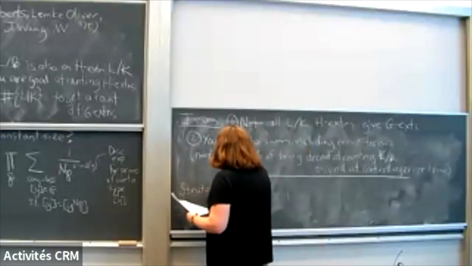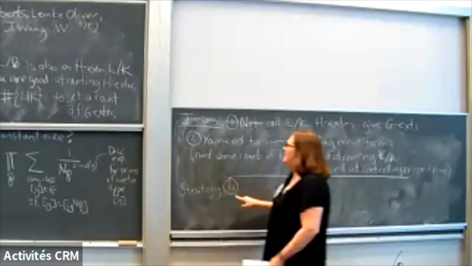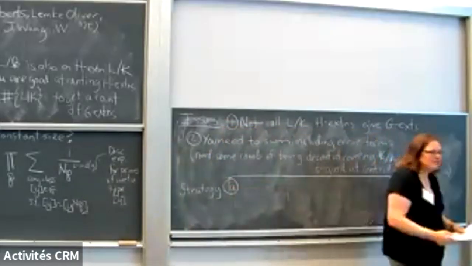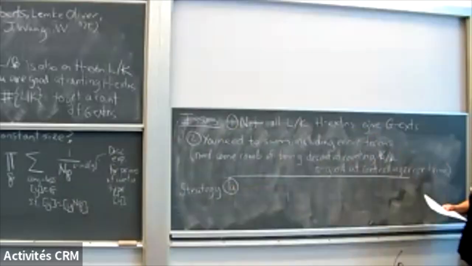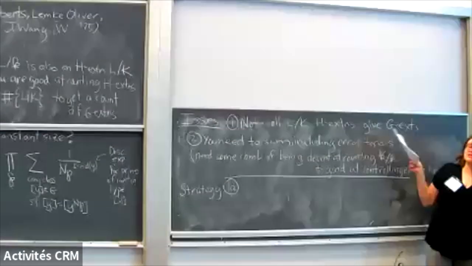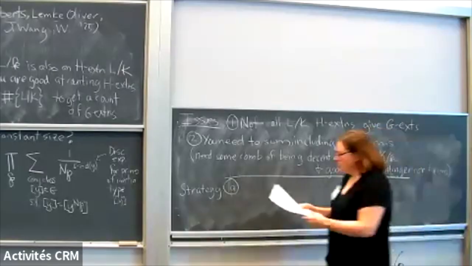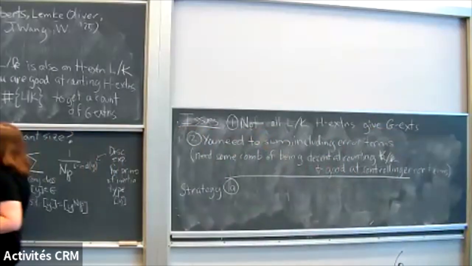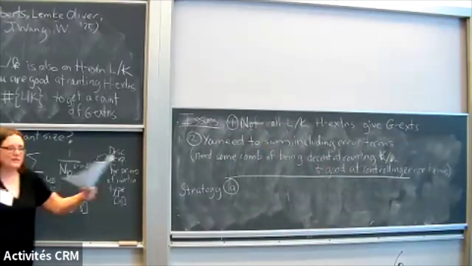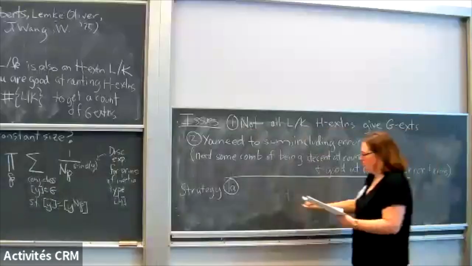I'll say first, okay, strategy 1A, so it's 1 because it's addressing this issue. This is the first strategy to address the situation that not all of these extensions give G extensions. To describe it, I'm going to enlarge this Galois diagram to include some possibly other auxiliary subgroups that I will use.